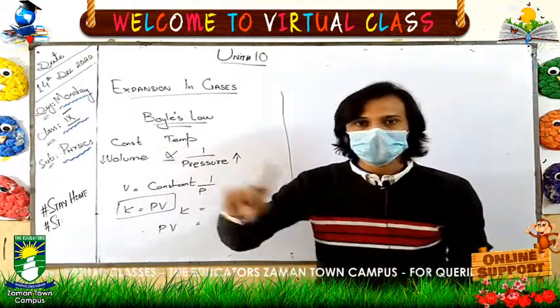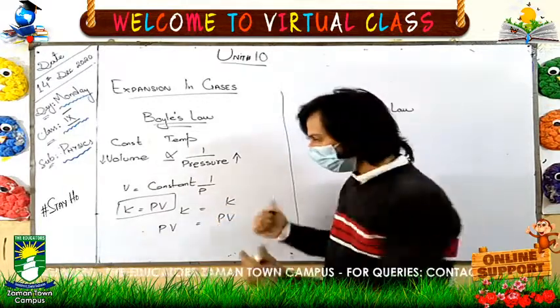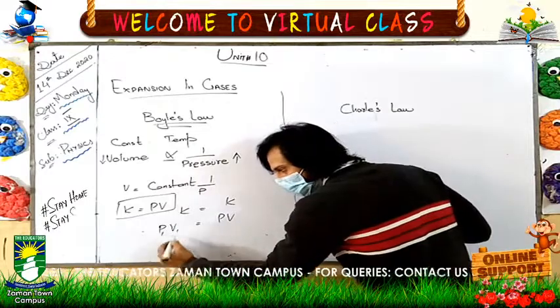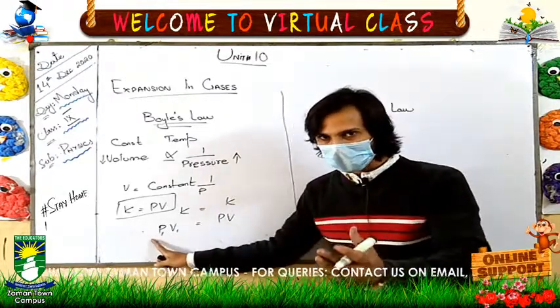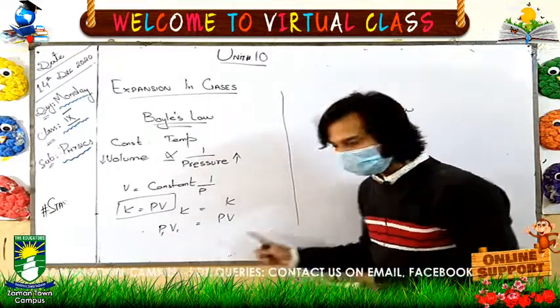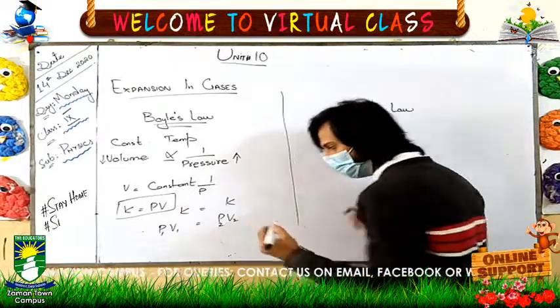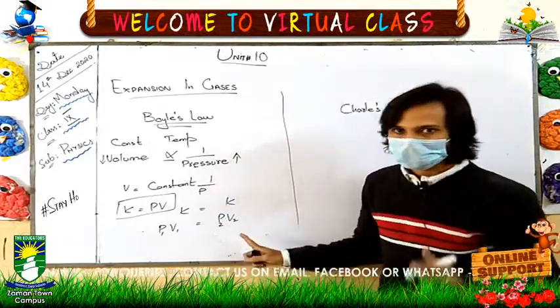Your constant depends on the mass. If mass varies, then the constant will vary. Getting, class? So if I am talking about the initial one, it will be like this: P1 V1, meaning initial pressure, initial volume. If I am talking about the final, I am writing it like this: P2 V2, meaning final pressure and final volume.